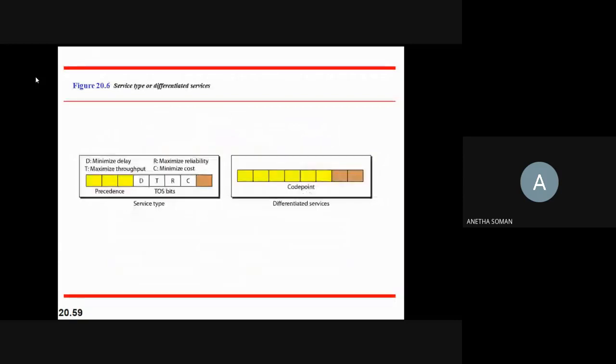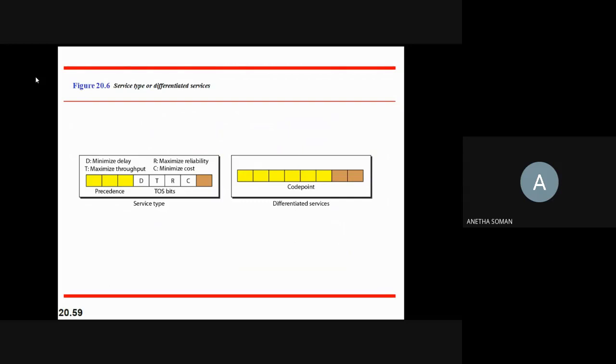Now the next type of service is called the differentiated services. First I told you the service type, and the second one is the differentiated services. Now what is this actually? Here you again have 8 bits. Out of that, the last 2 bits are not used, but you are using 6 bits.